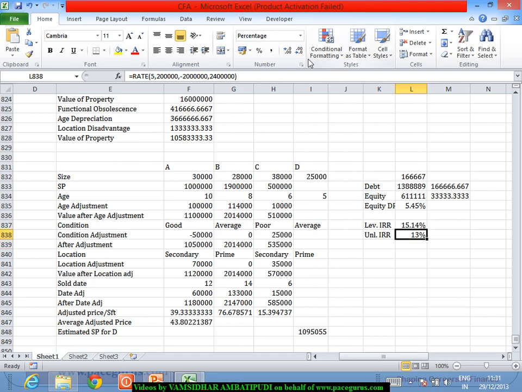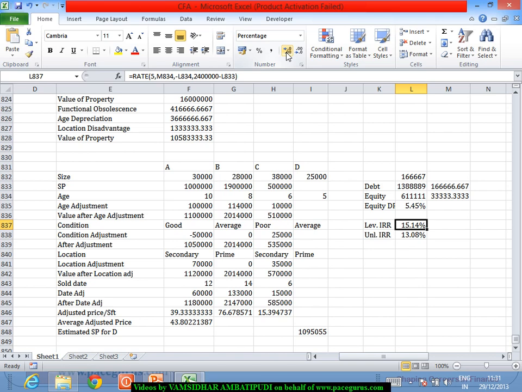In case he had not taken the loan, the IRR is only 13.08%, and because of him taking the loan, the IRR for his investment has become 15.14%.